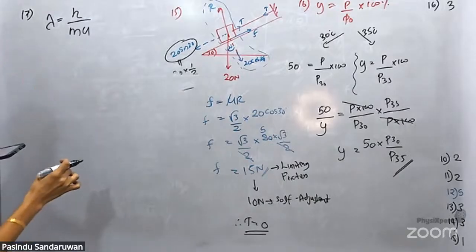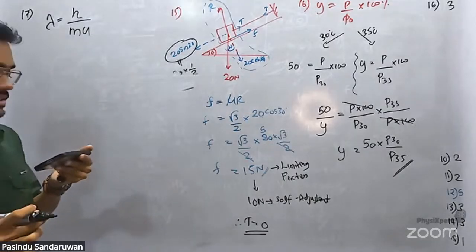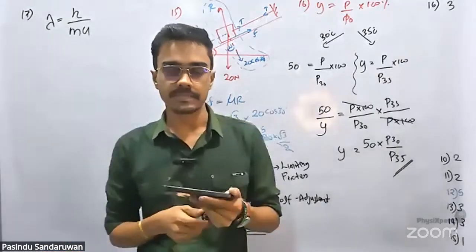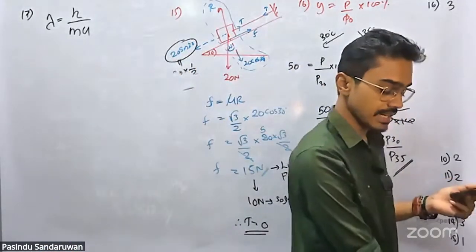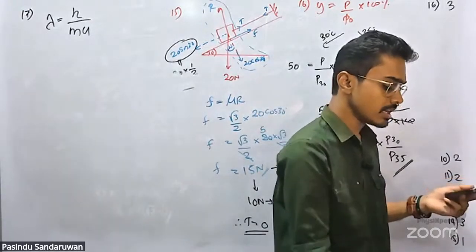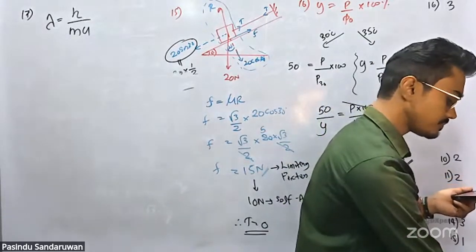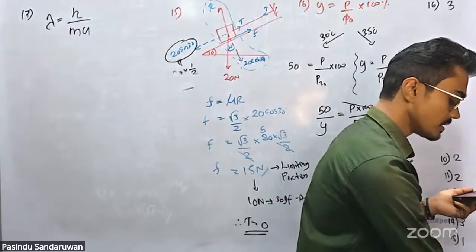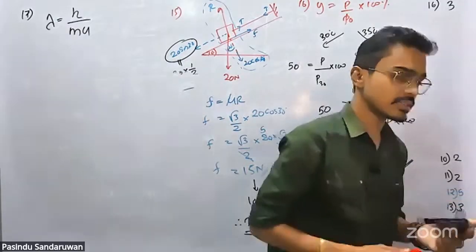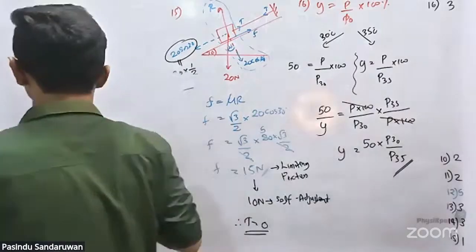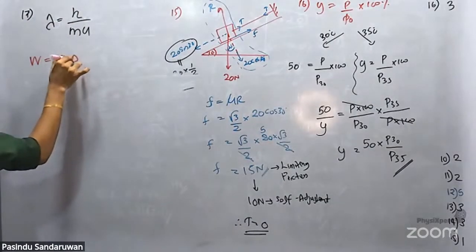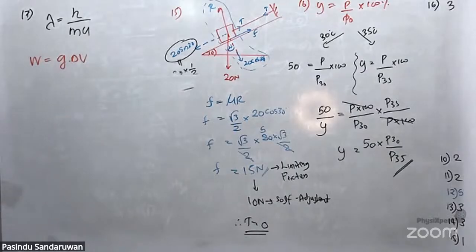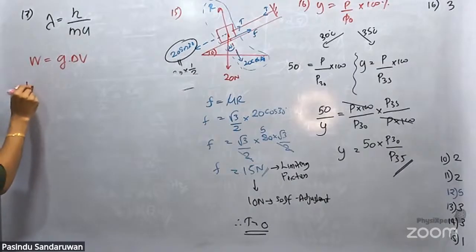Now, potential difference is given. To convert the velocity into potential difference, you can use an equation from electric fields. A very popular equation, W equals Q delta V. W represents work or kinetic energy. In this case, we can expand that as kinetic energy.